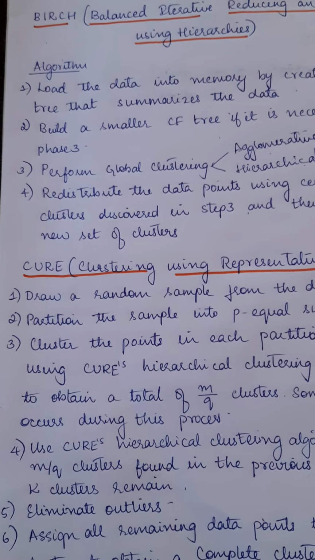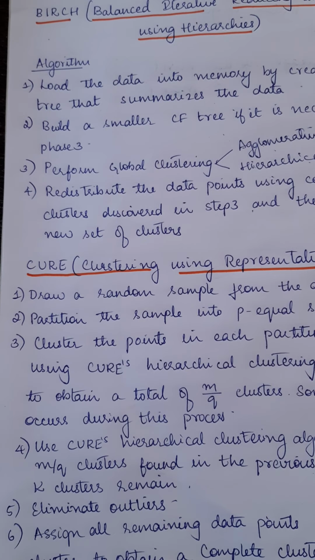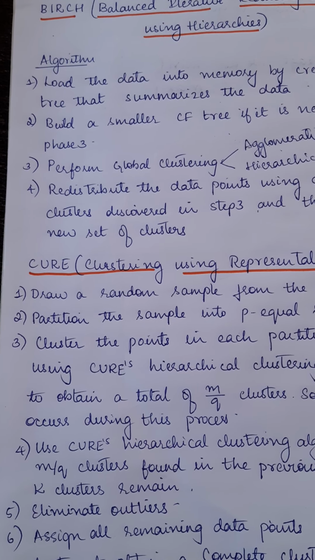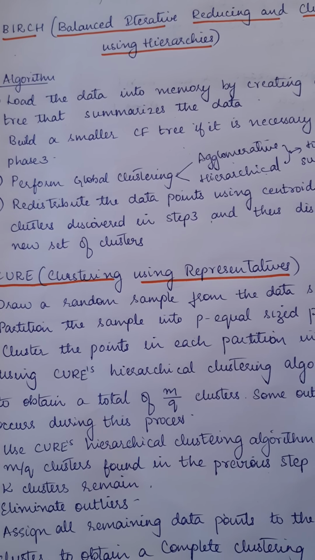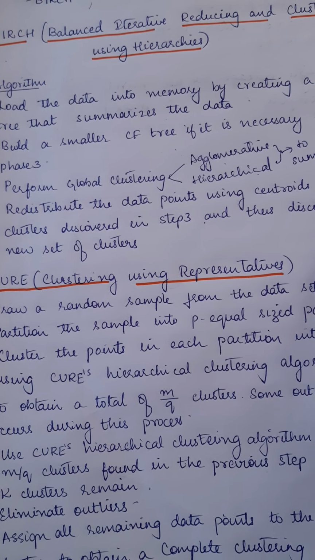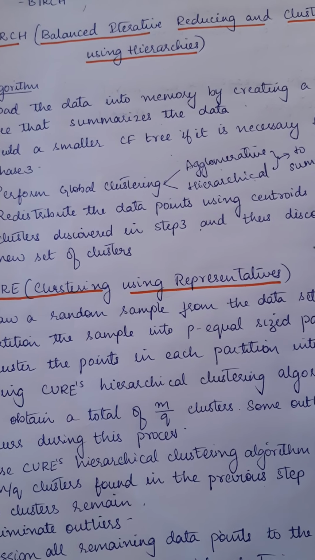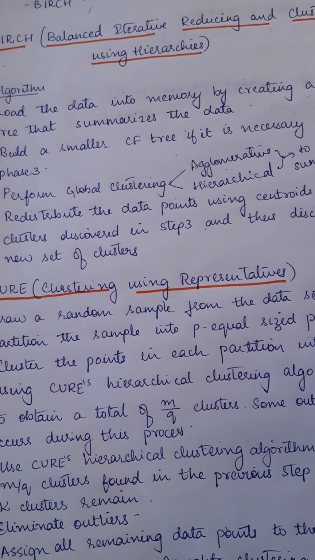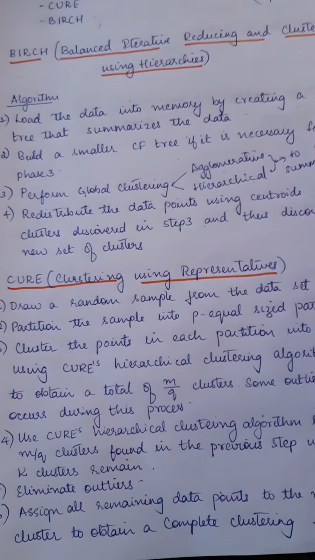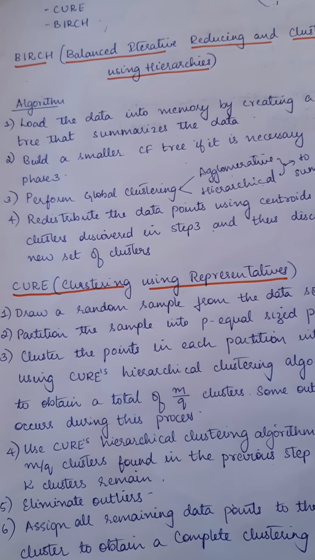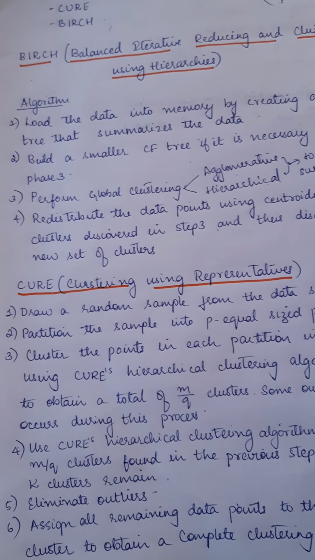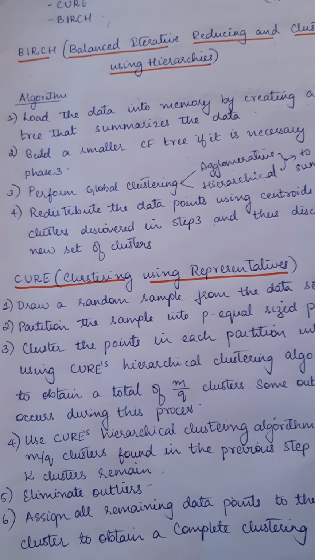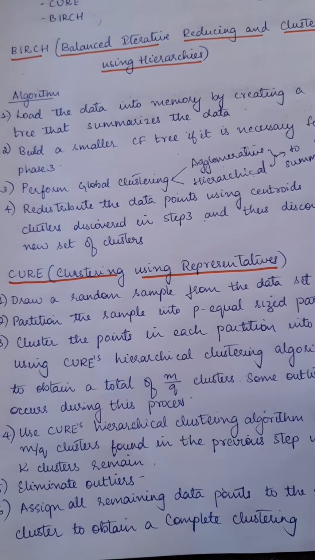Another scalable algorithm is the CURE algorithm. CURE stands for Clustering Using Representatives. It is again a clustering algorithm which uses a variety of different techniques to create an approach that can handle large data sets, and clusters non-spherical shapes and non-uniform sizes, because these are some of the disadvantages of earlier clustering techniques, that they can only cluster spherical shapes.